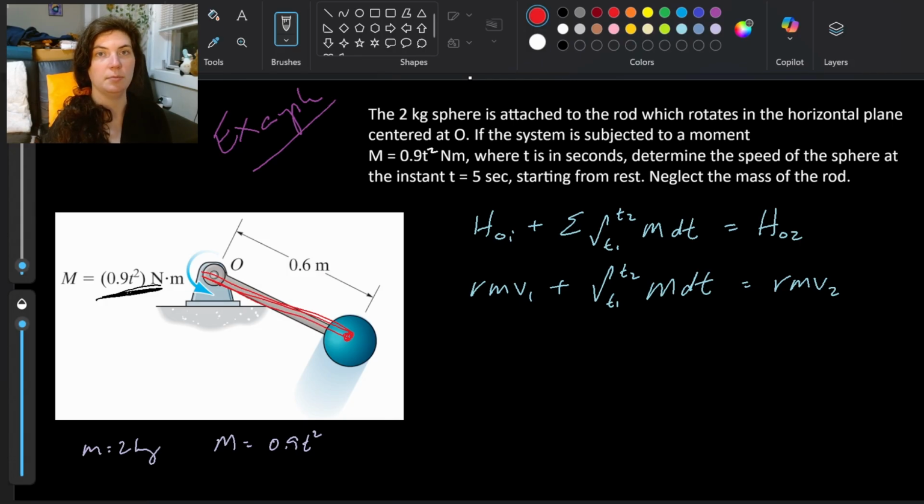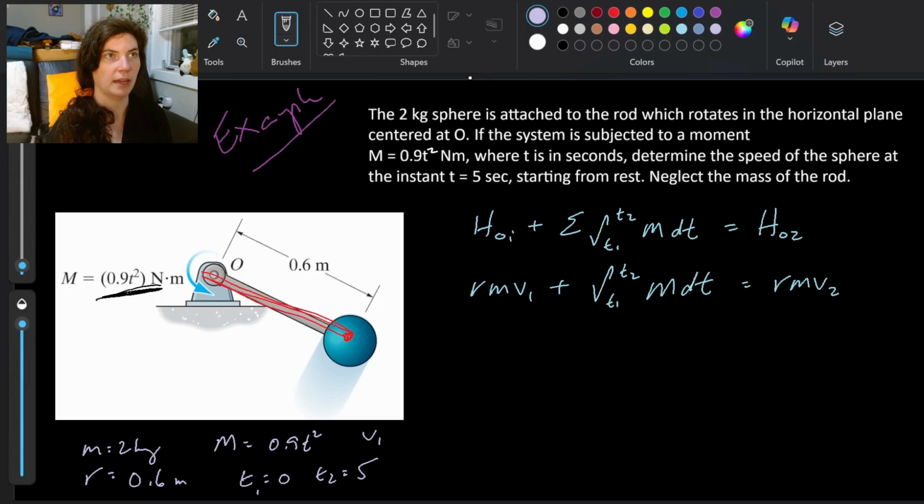It's always going to be 0.6 meters, since it's fixed there on the end. So my R is 0.6 meters, and my time is going from 0 to 5 seconds.